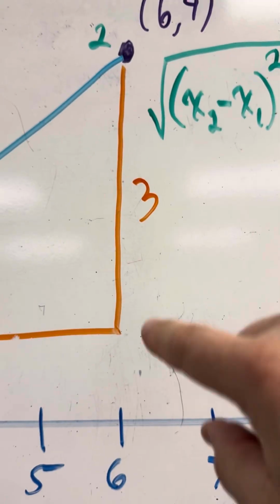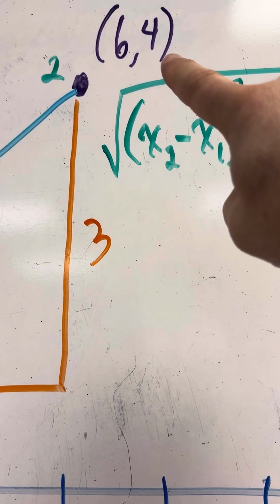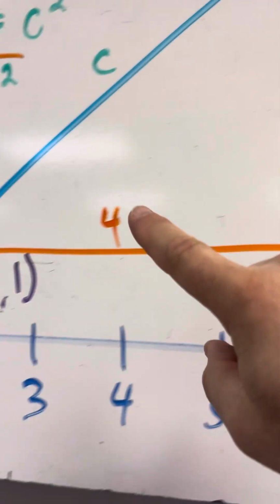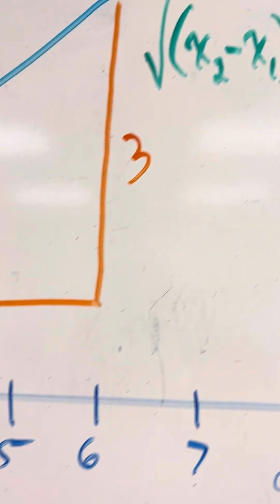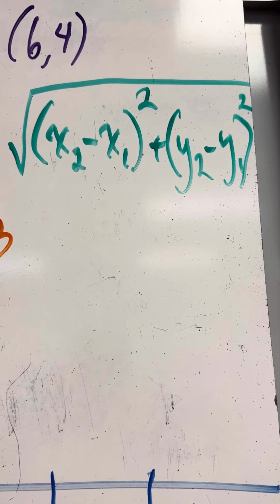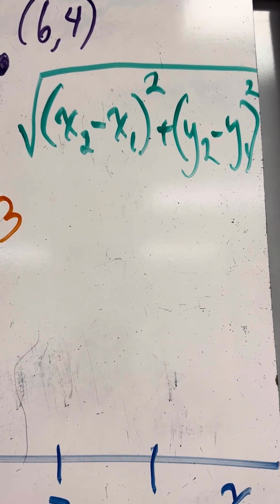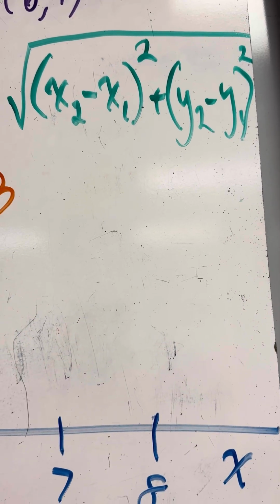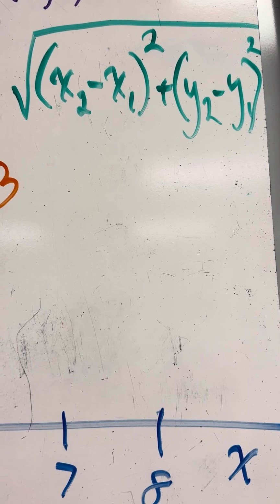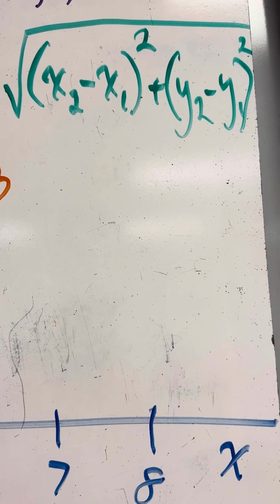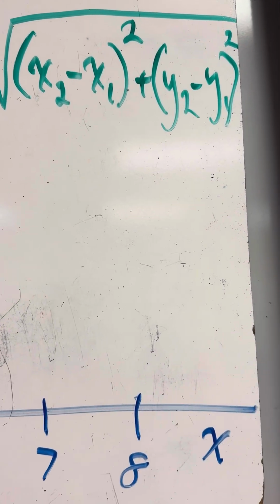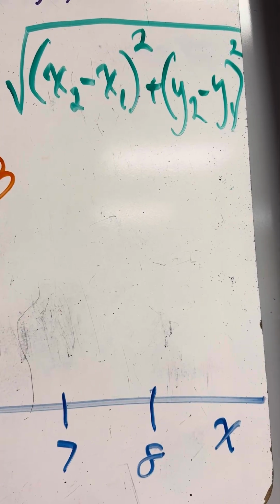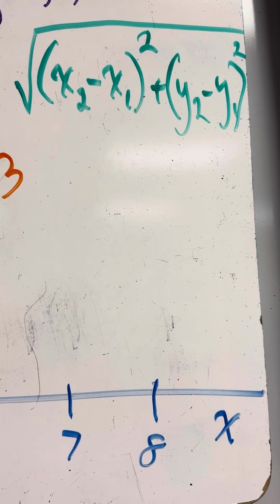And then to get 3, we took the y value for point 2 minus the y value for point 1, and we squared it, right? This is the formula for distance, okay? And when you forget what the formula is, you can, on Delta Math, click on Show Example, and it'll give you that formula.